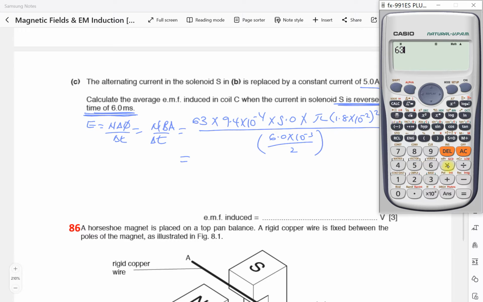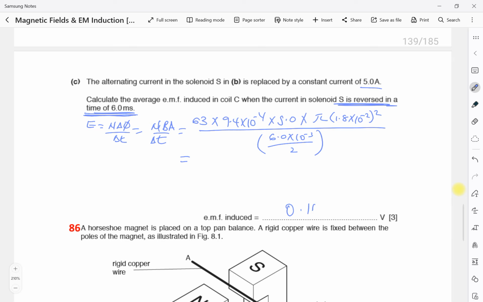So this is going to be 63 times 9.4 exponent minus 4, then times 5 times pi, then times 1.8 exponent minus 2, squared, then divide by 6.0 exponent minus 3. I'll just multiply by 2. So that is 0.10 volts.